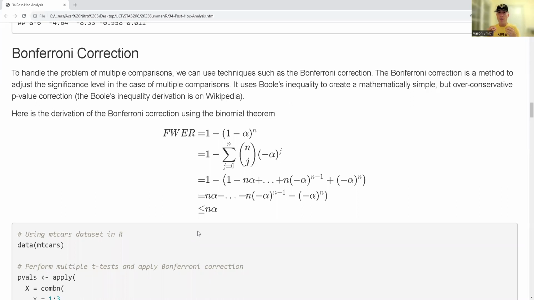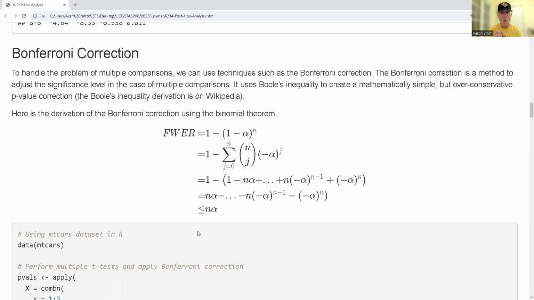But it's by far the easiest one to explain. Whatever alpha value I want overall, I divide that alpha value by the number of tests, and that gives me the individual alpha value for individual tests to reject the null hypothesis.